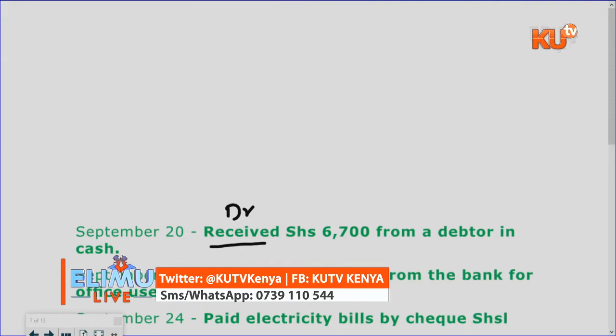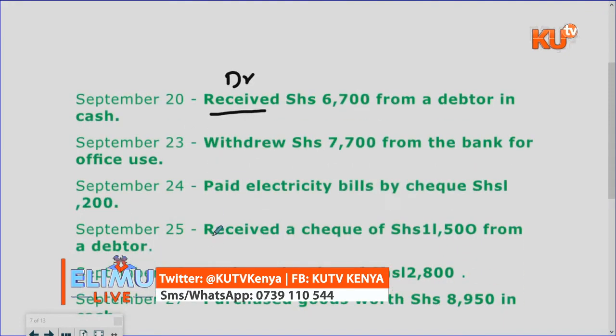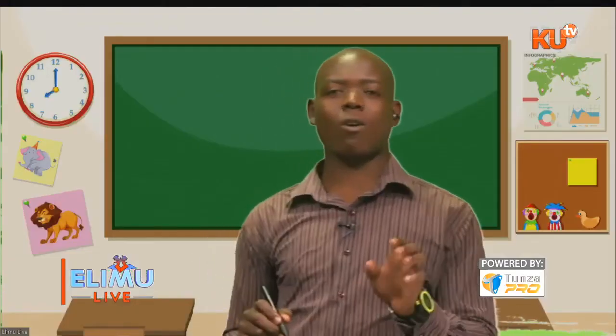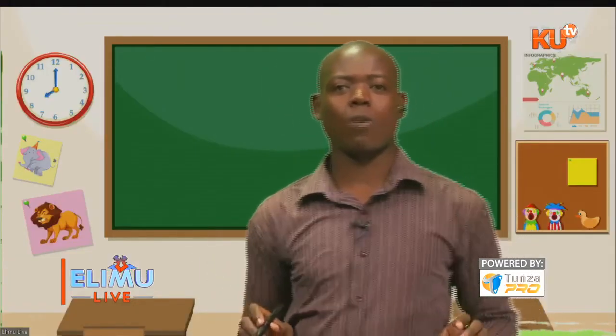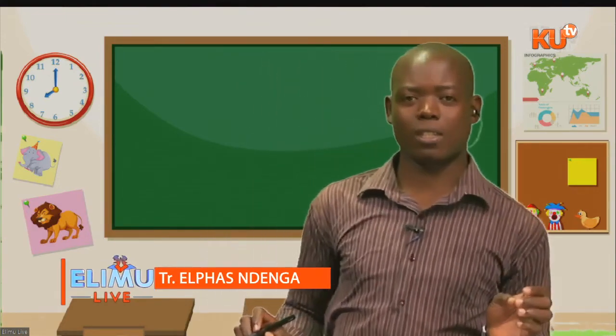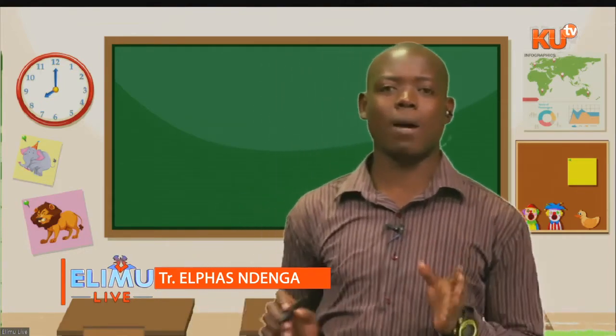The next transaction is on 23rd, and that is withdrawal of 7,700 from the bank for office use. Good. That is what we were discussing, students, as a contra entry. When you withdraw cash from the bank for office use, it simply means you are taking cash from the bank account of the business to the cash till for the operation of the business.